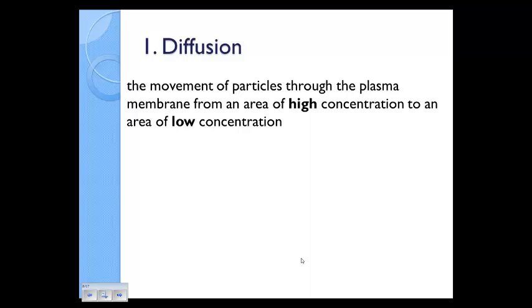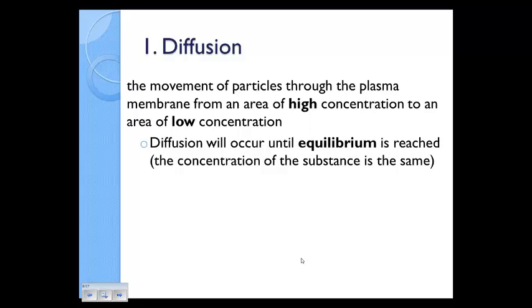This means they are basically spreading out. Diffusion will occur until equilibrium is reached. Equilibrium is when the concentration of the substance is the same in the given space. To better understand the process of diffusion, watch this video.